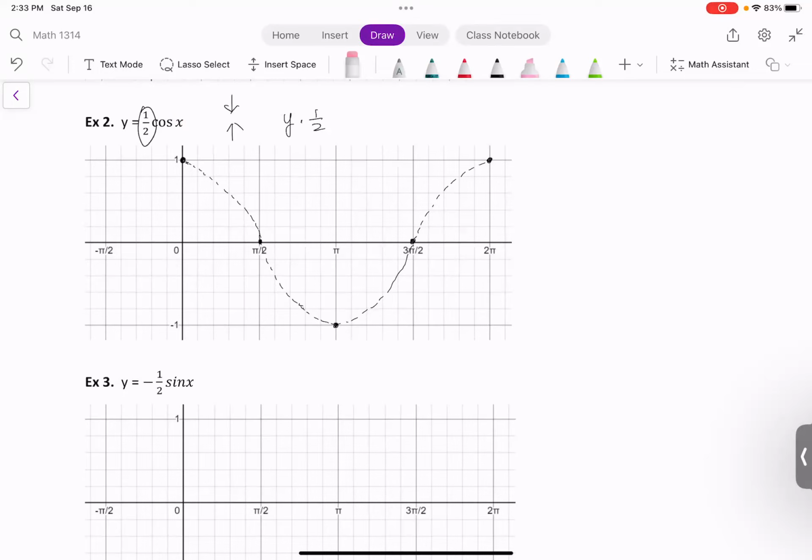So now the y's value becomes 1/2. The second key point, y equals 0, 0 times 1/2 is 0. Next key point, -1 times 1/2 is -1/2 here. Next key point is 0, 0 times 1/2. And the next key point, 1 becomes 1/2. Now we can connect them.